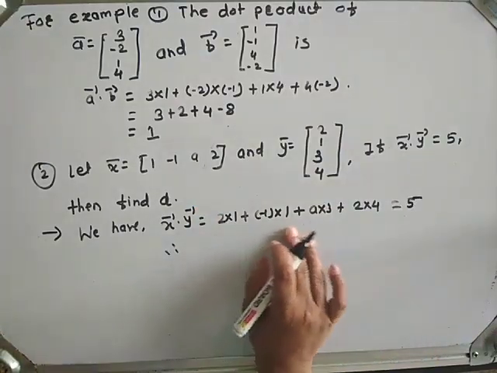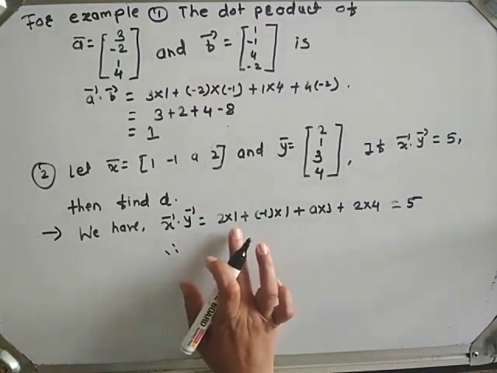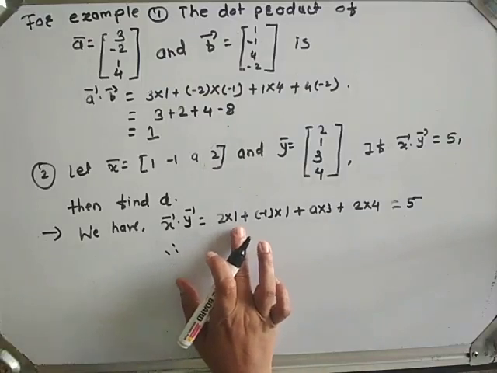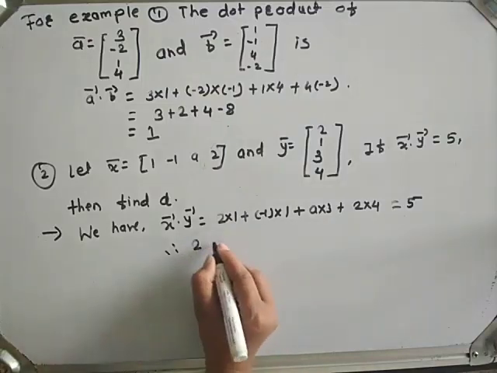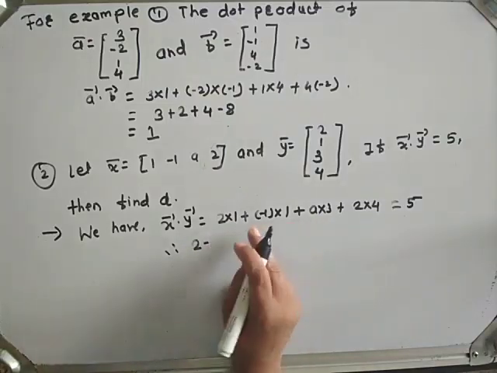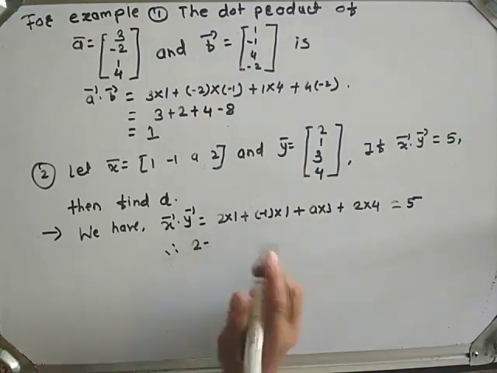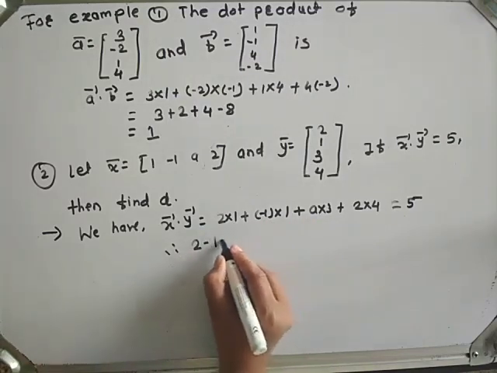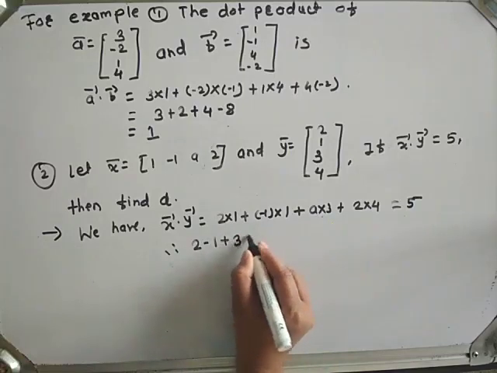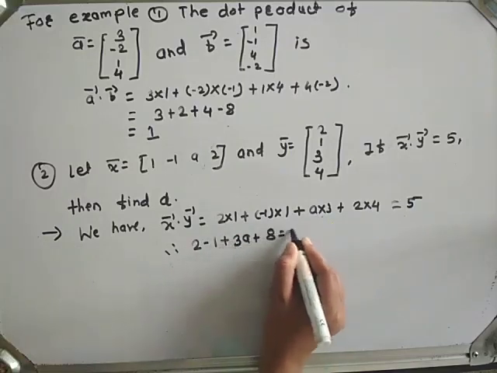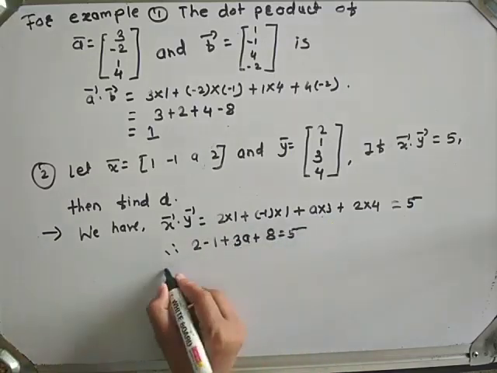Therefore, computing this, we get 2 plus minus 1 plus 3a plus 8 is equal to 5.